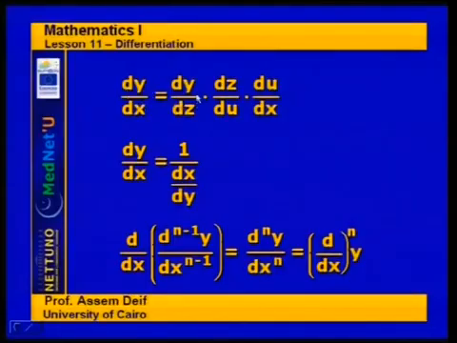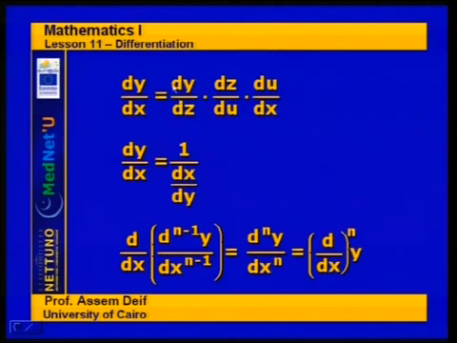These differentials transform your calculus, which relies upon limits, into algebra. Look at what happens here: dy/dx equals dy/dz times dz/du times du/dx. If you cancel dz and du from the numerator and denominator, you recover dy/dx. And dy/dx equals 1 divided by dx/dy.